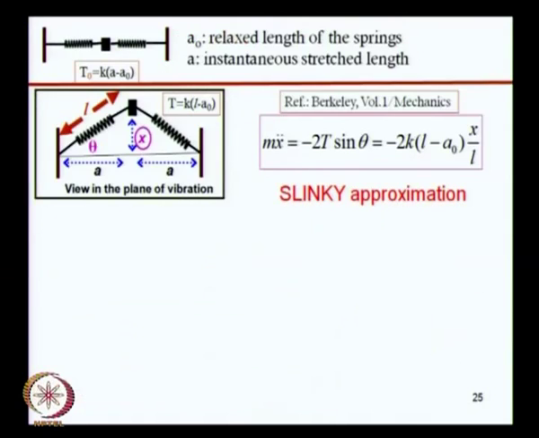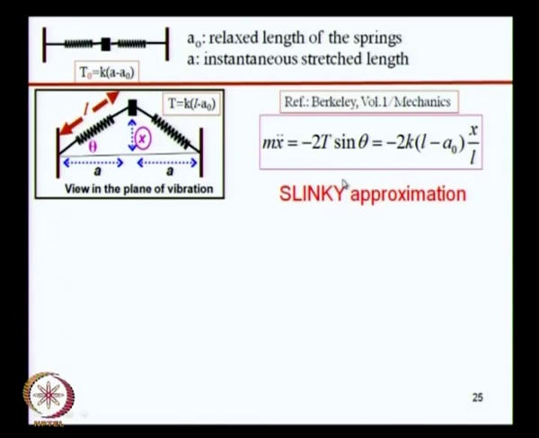And I am going to show you an example of what is called a slinky. We have these transverse oscillations, and we have already written the equation of motion for the acceleration of an object, with minus 2T sin theta, where T is k(L minus a0), and sin theta is x over L. Now we can develop an approximation which is known as the Slinky approximation.